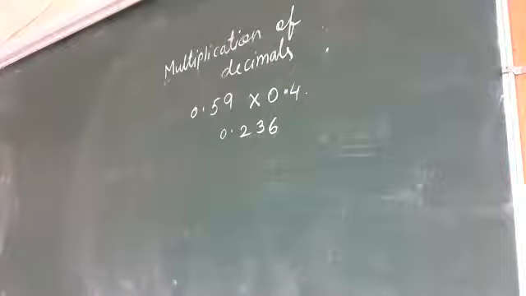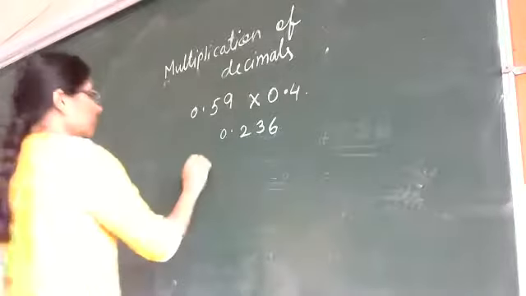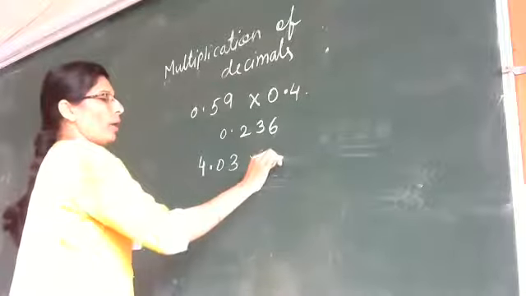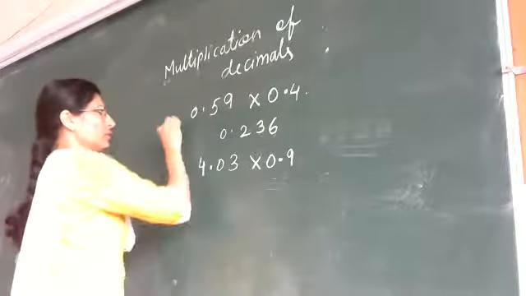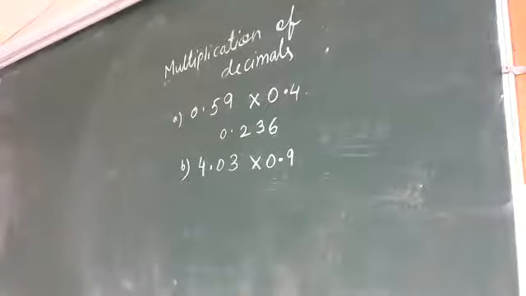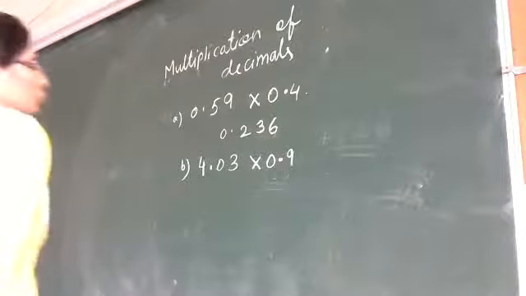Again I will give you some. 4.03 multiplied with 0.9. Ma'am, 3.627.